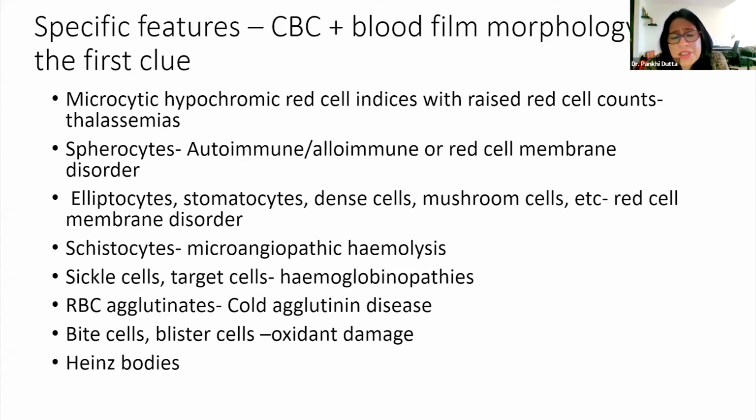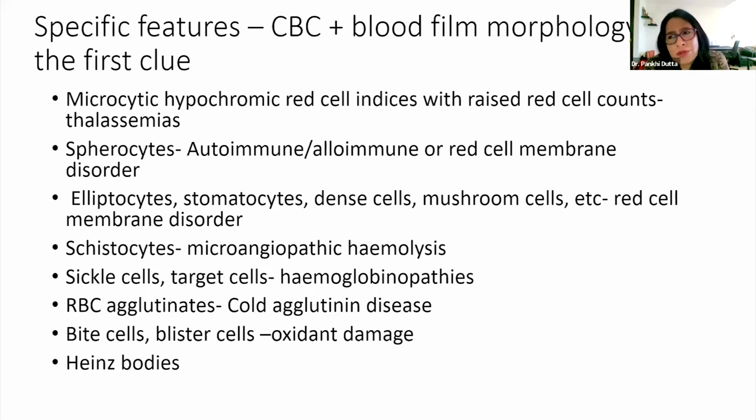There are some specific changes associated with oxidant damage. And if one actually does a supravital staining, if there's oxidant damage, one can pick up features like Heinz bodies. These are just some examples, but I think our actual investigations will start from the peripheral blood film.